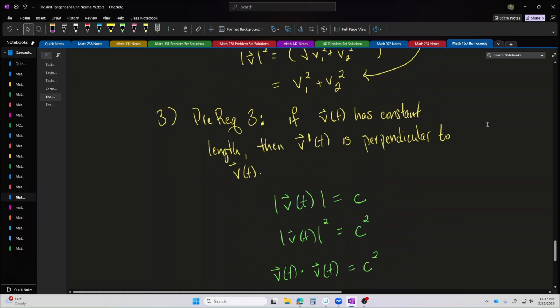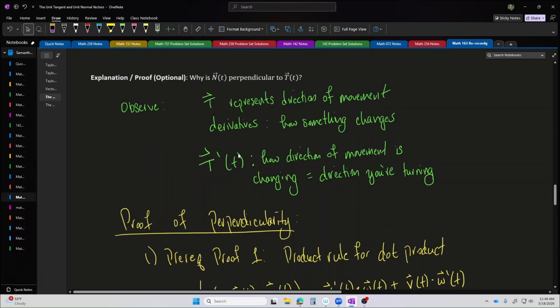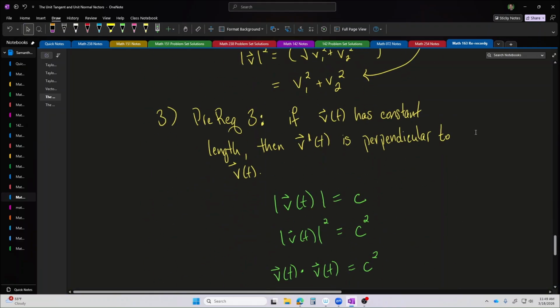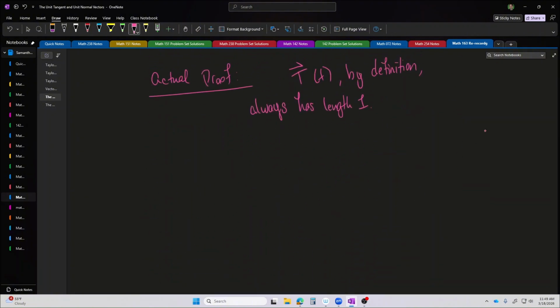So now finally we are equipped to prove that the unit normal vector is perpendicular to the unit tangent vector. Let's remember that the unit tangent vector, capital T, was designed and constructed to have a constant length of specifically 1 unit at all times. Because of that, our prerequisite number 3 result kicks in to say that because T has a constant length, T must be perpendicular to its derivative, T prime.